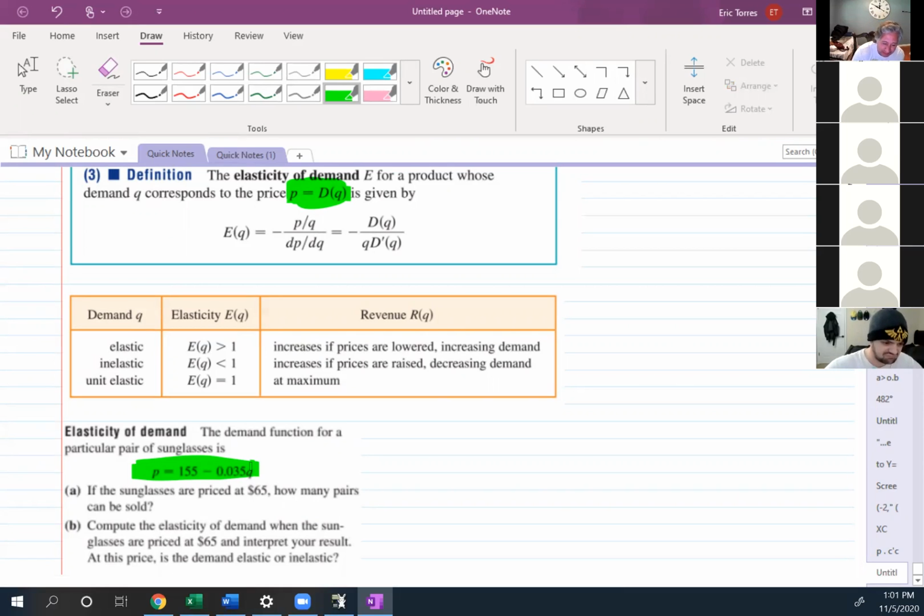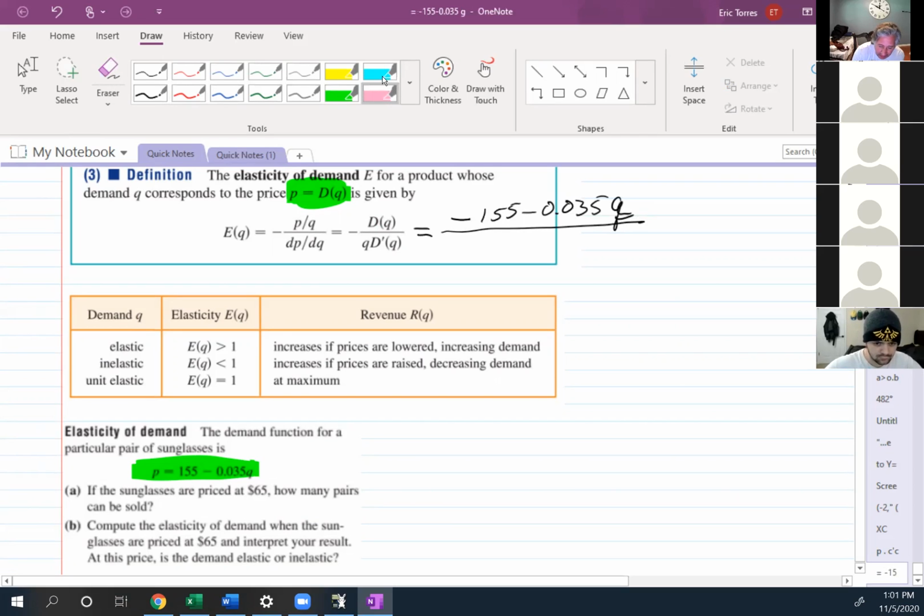So my elasticity function that I'm going to write is going to equal this with a negative 155 minus 0.035 Q, all over, so that was that top part here. My quantity Q is still just Q.